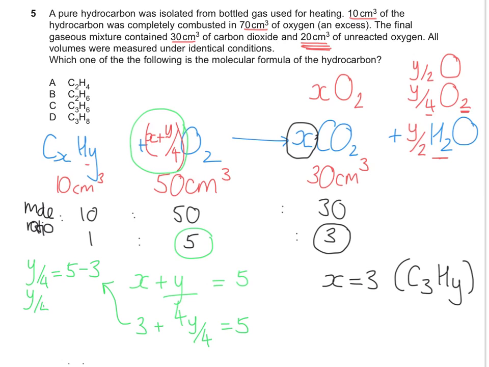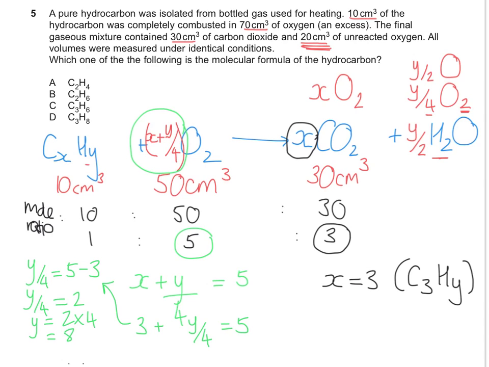So y over 4 is 2, and then bring the 4 up to the other side. And so it's dividing on the left hand side, and so it's multiplying on the right side. So y is going to be 2 times 4, which is 8.